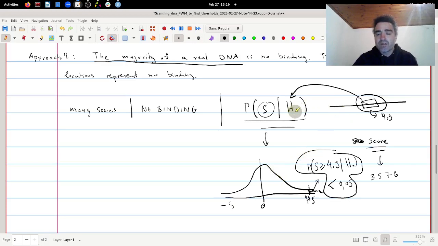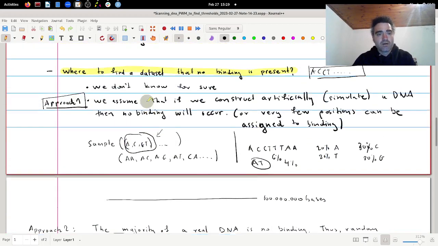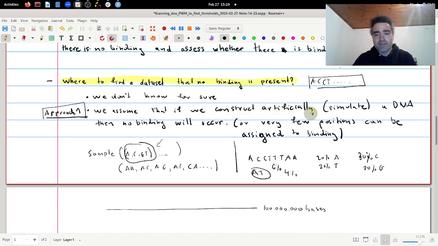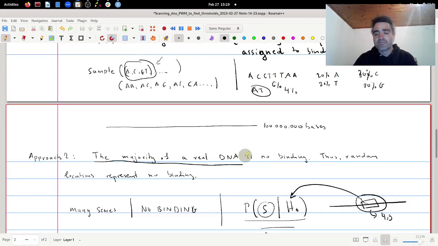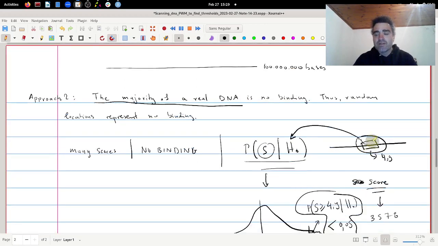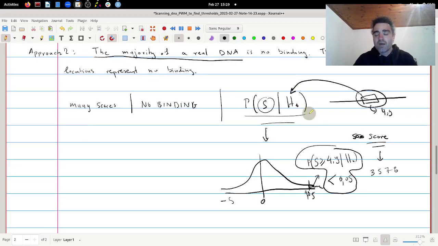Or in other words, it's a location that has been obtained either from a random DNA that we simulated, or from the vast majority of the real DNA where there is no binding. In either case, we assume that this position is a no binding position. But if we assume that this position is a no binding position, we know what kind of scores to expect, because we know the distribution of the scores in the null hypothesis, and it's this one.